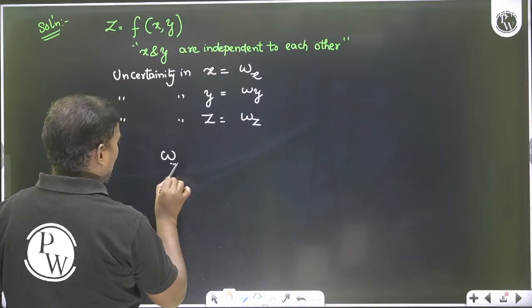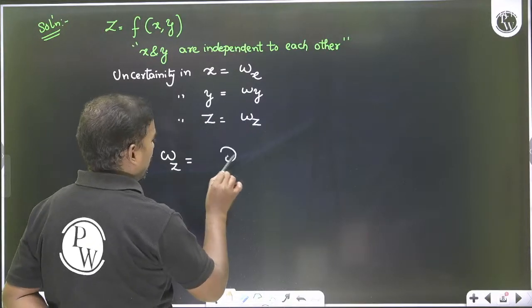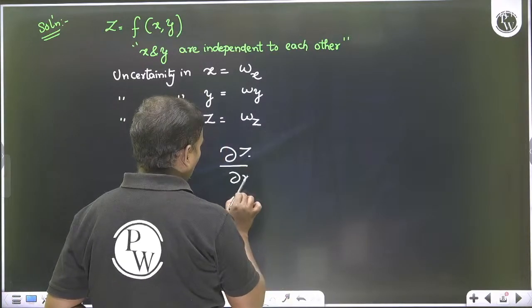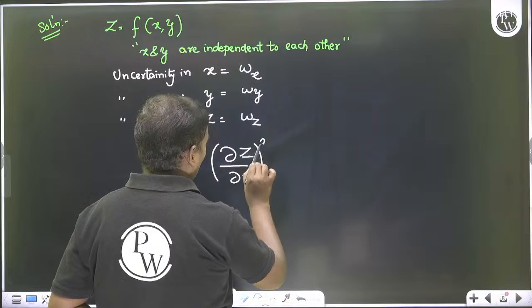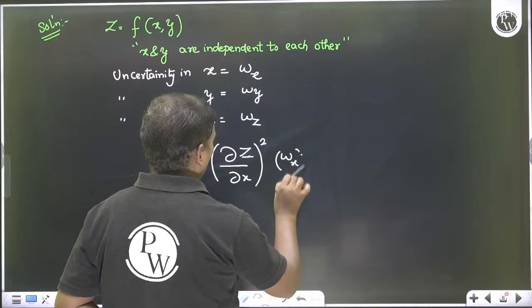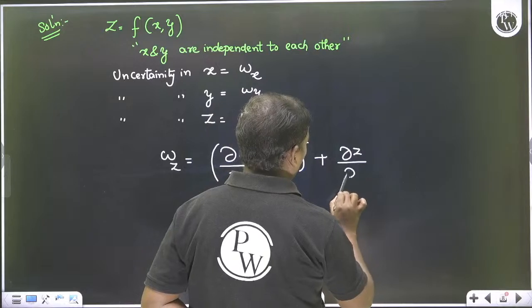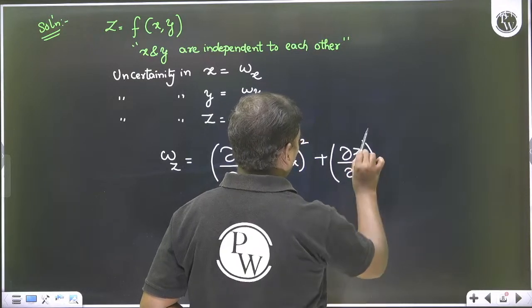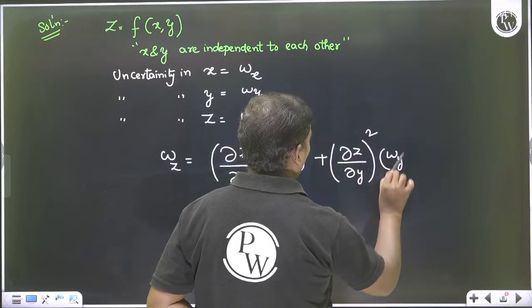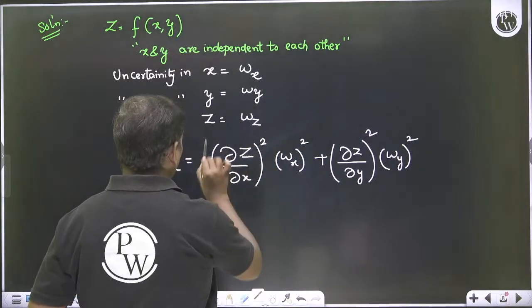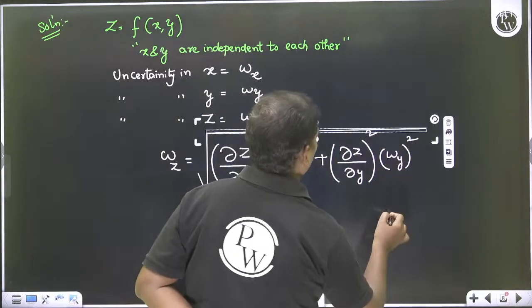Then the uncertainty in z is given by the square root of dou z by dou x whole square, uncertainty in x whole square, plus dou z by dou y whole square, uncertainty in y whole square. Okay, so this is the uncertainty in z.